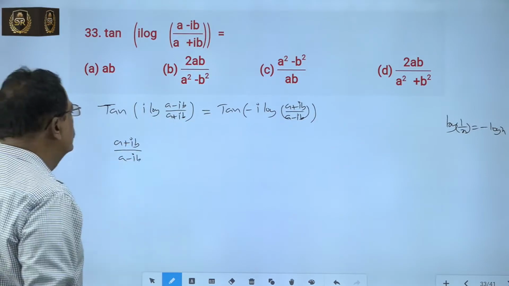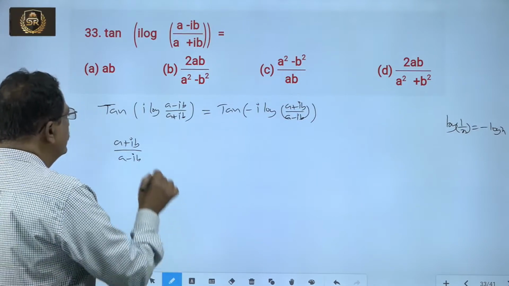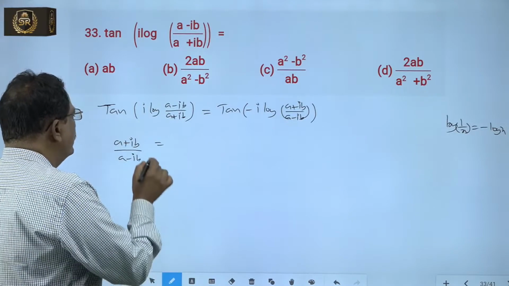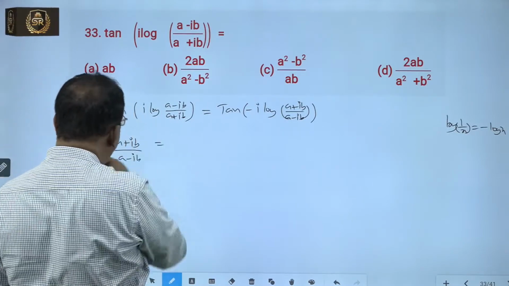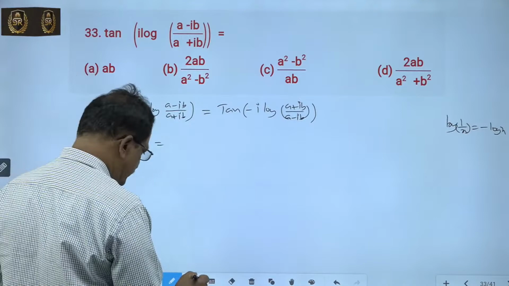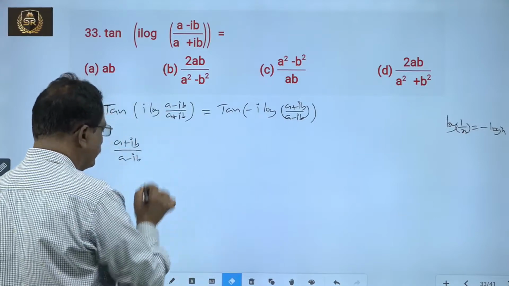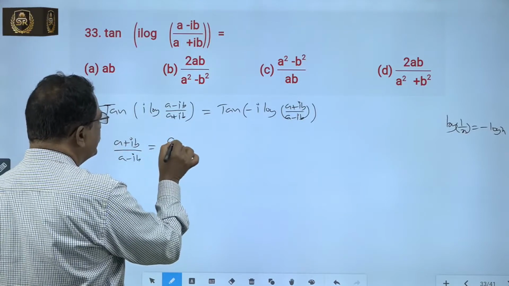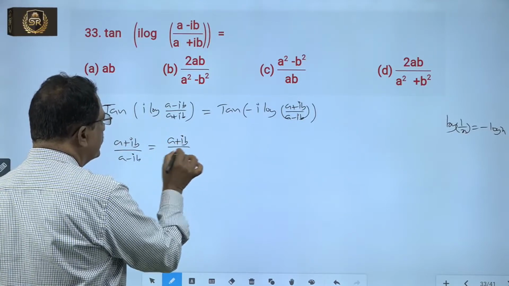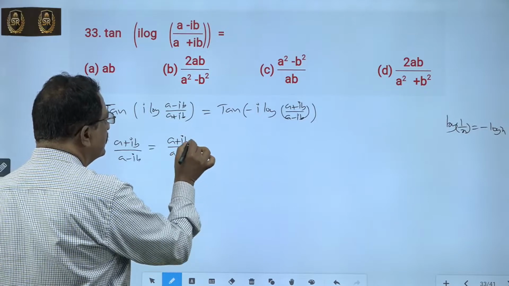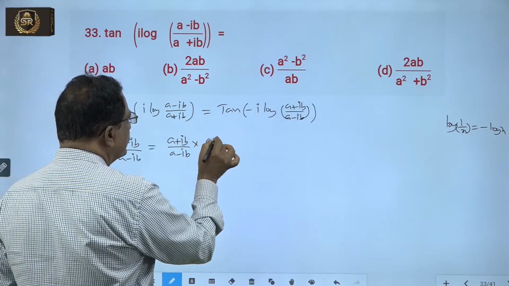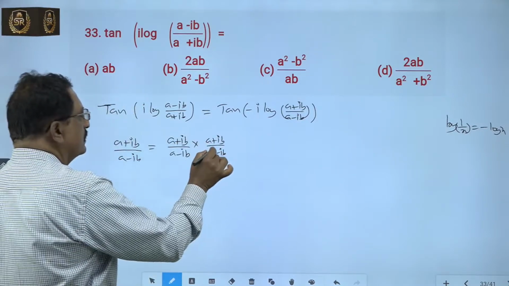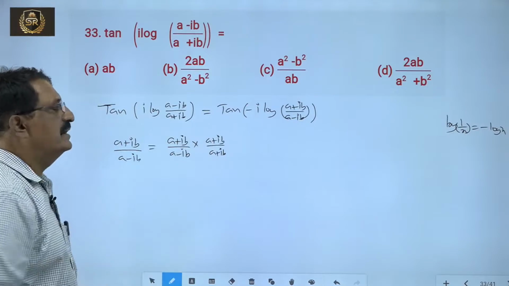Multiply and divide by A plus iB, so it equals (A plus iB) by (A minus iB) into (A plus iB) by (A plus iB).